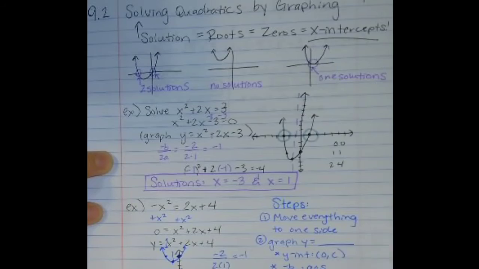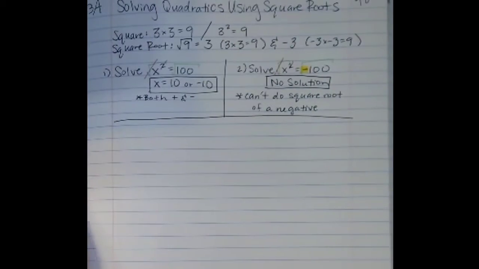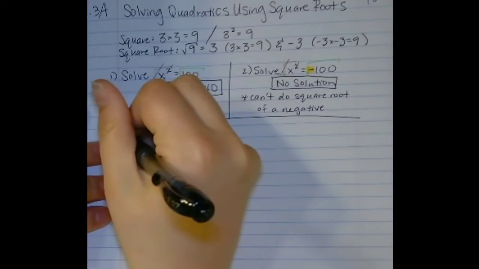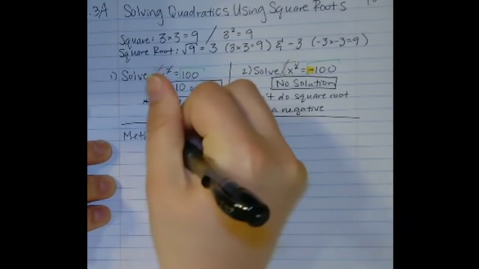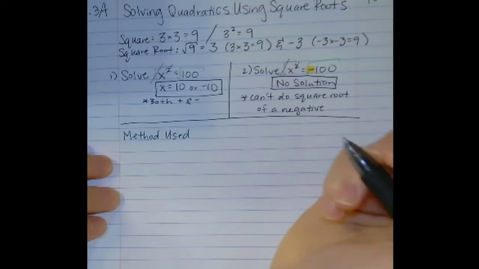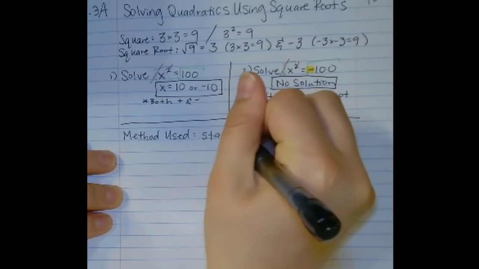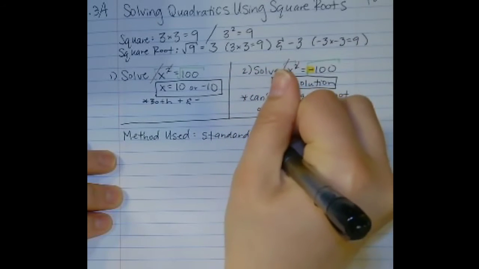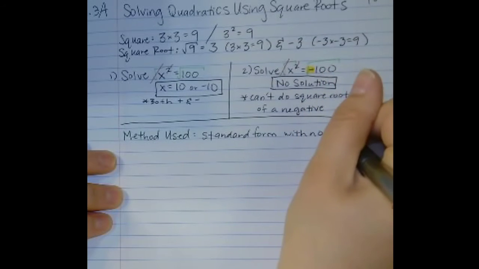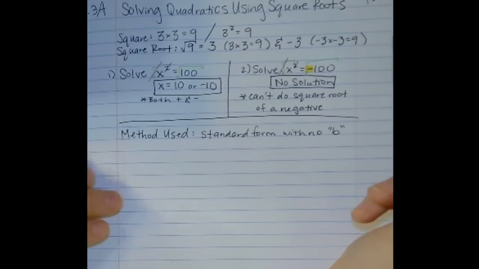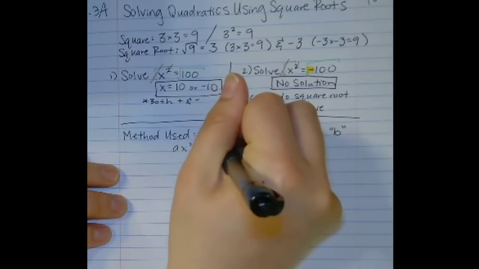So let's talk about how to actually solve quadratics using this method, because this is a super useful method. So this method is used when I have standard form with no b. Remember, standard form is that one that looks like ax squared plus bx plus c.